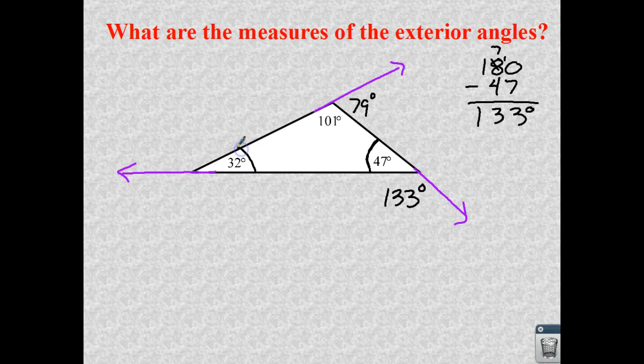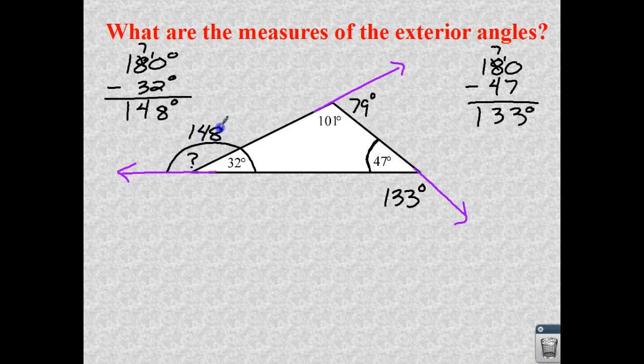So here's an acute, and I keep it coming all the way over here. So what's the measurement of my third exterior angle? Same thought, 180 degrees subtracted by 32 degrees. All right, so we have 148 degrees.